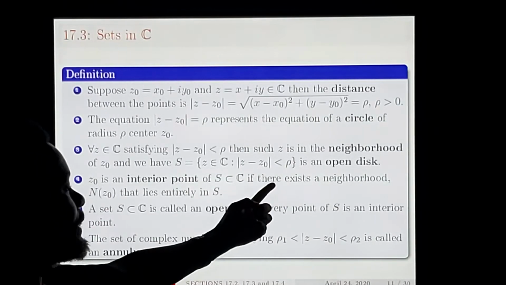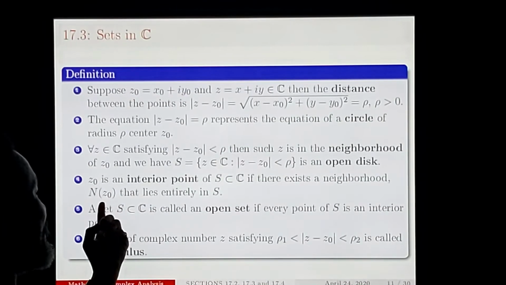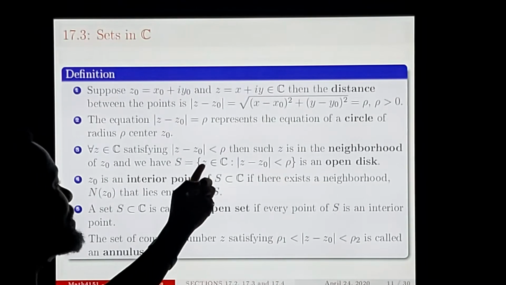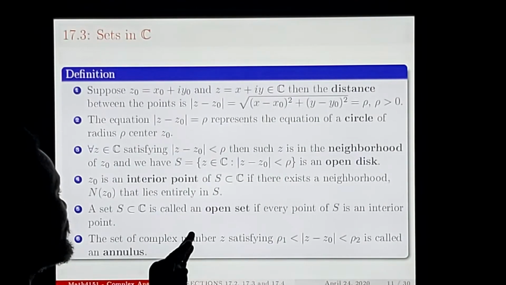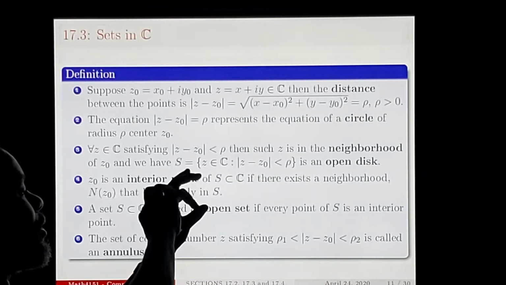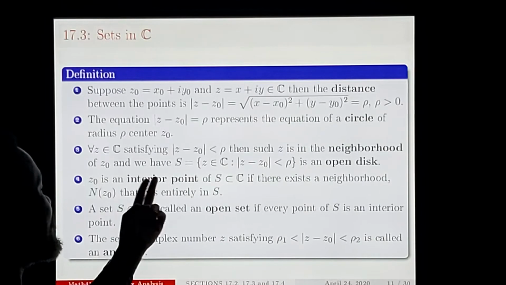Now, if there exists a neighborhood, which we have talked about and are denoting by this, that lies entirely in S, what does that mean? If you go to this set and pick any point in it, and you can find a radius such that the neighborhood of that point is entirely inside the set, then you will say that this point is an interior point.